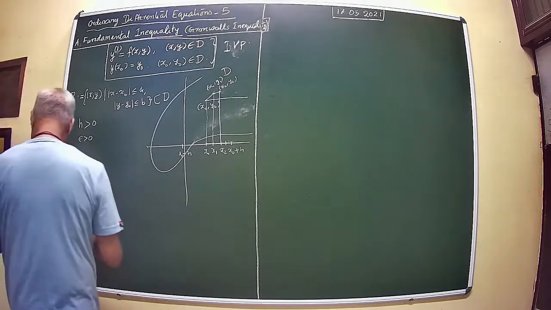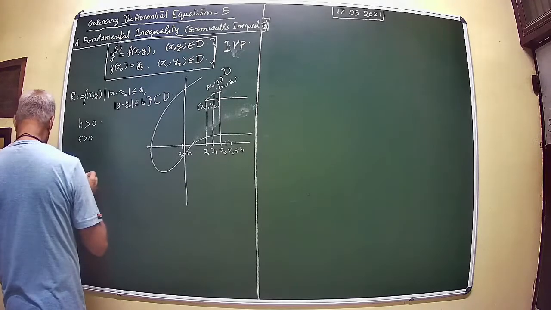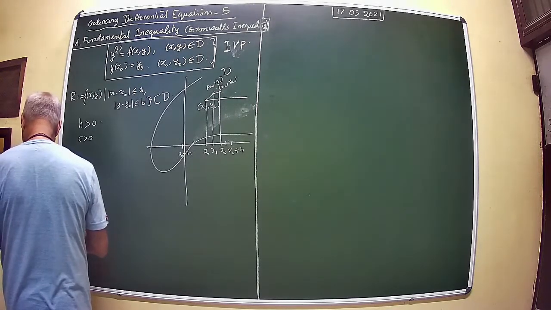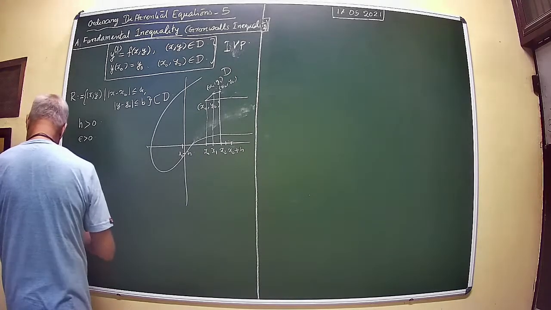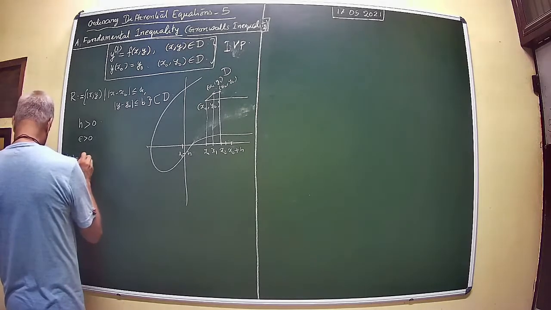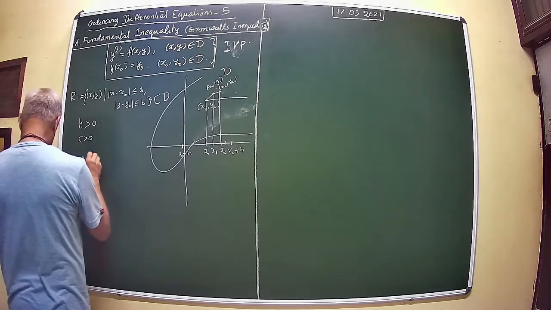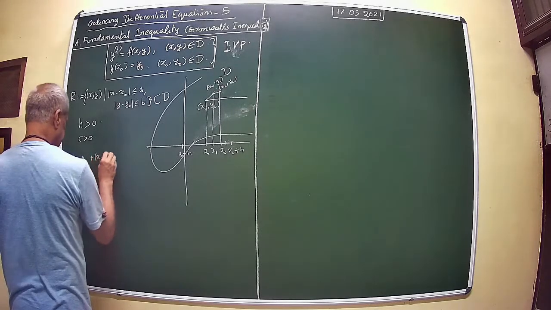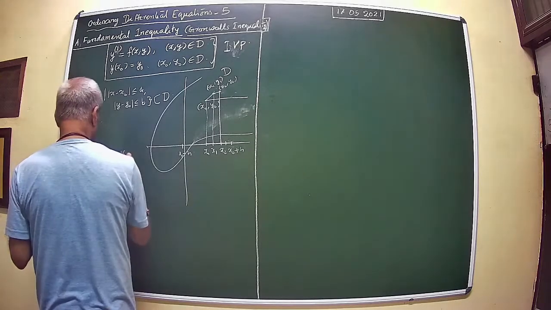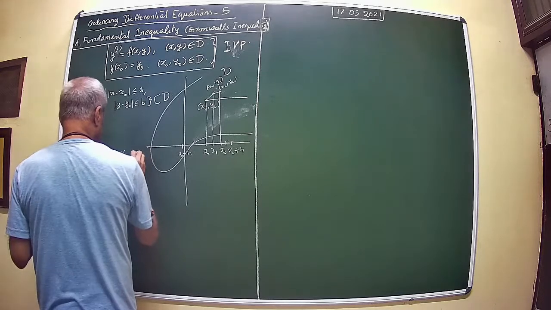I've taken the analytical form of it: y of x equals y i minus 1 plus x minus x i minus 1 into f of x i minus 1, y i minus 1.